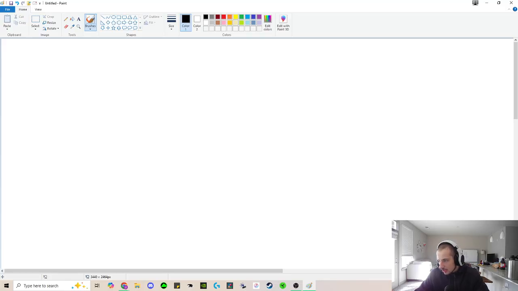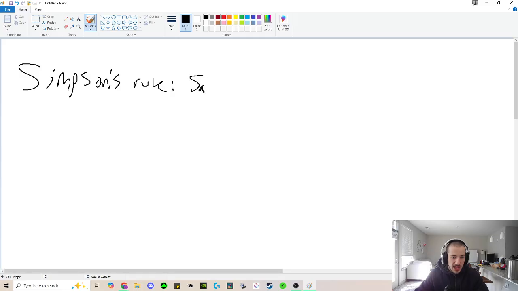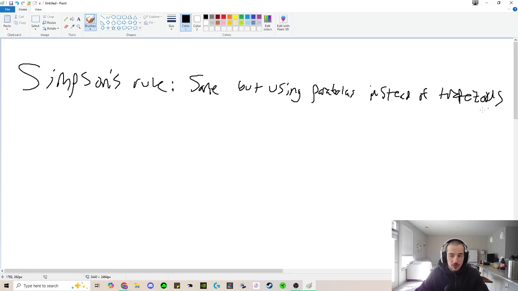Okay. Simpson's rule. I'm not going to bore you too much with the details. Simpson's rule is the same as trapezoid, but using parabolas instead of trapezoids.